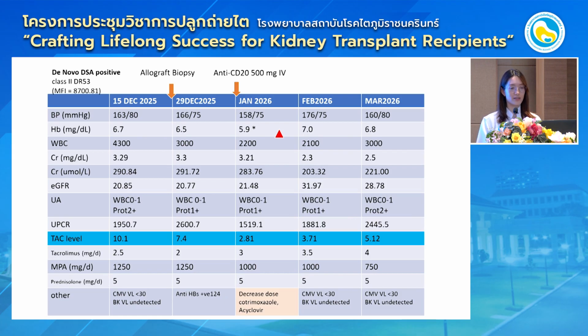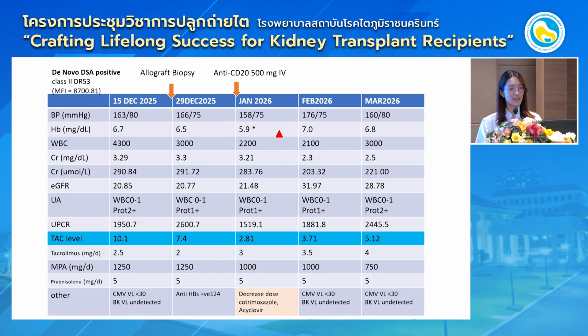After receiving the anti-CD20, this patient experienced anemic symptoms. His hemoglobin started to drop drastically without any blood loss or any hemolytic symptom, and his white blood cell count started to decrease. Apart from that, his anemia affects his tacrolimus level, so you can see we needed to increase the dose of tacrolimus.